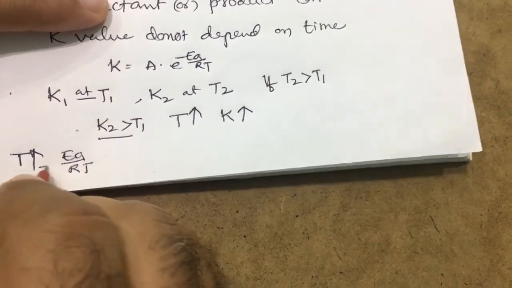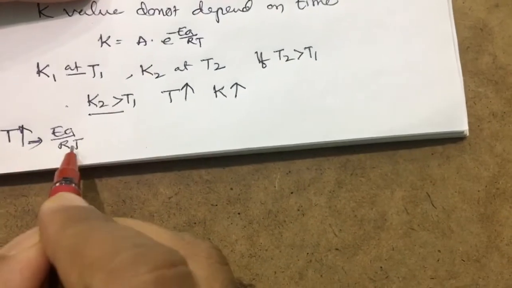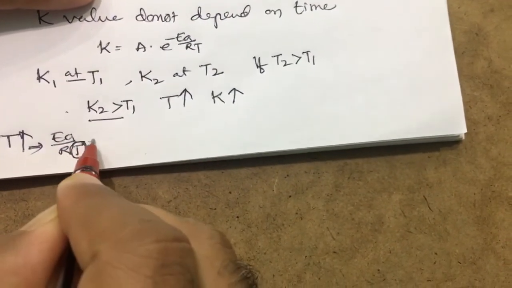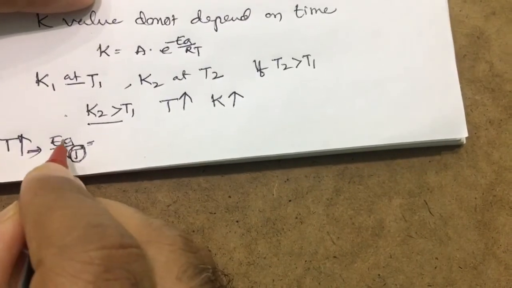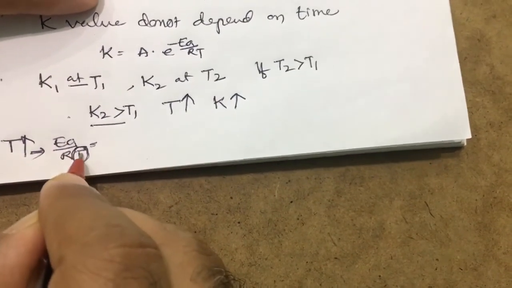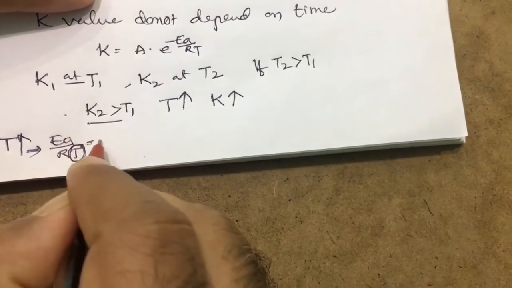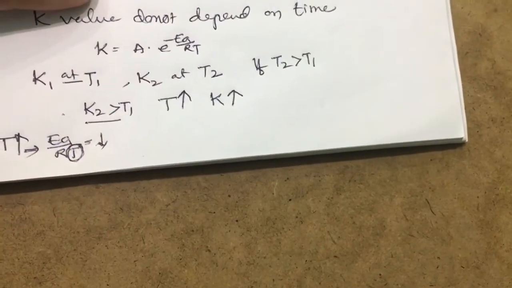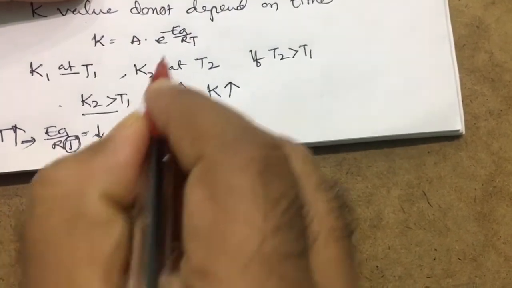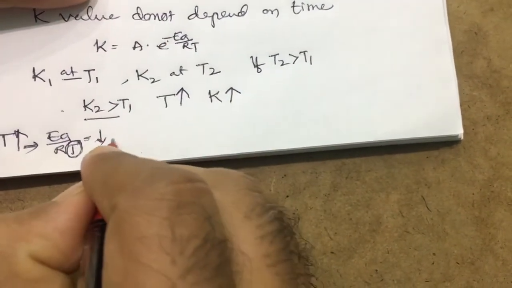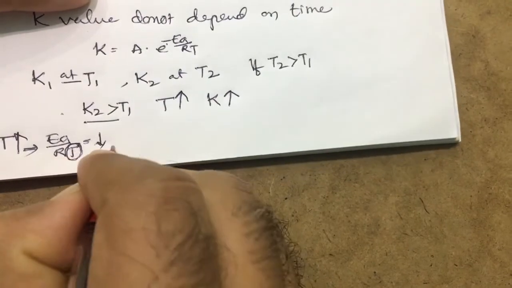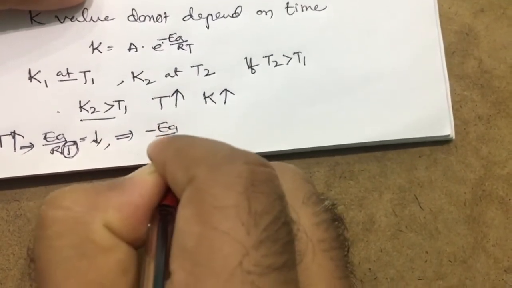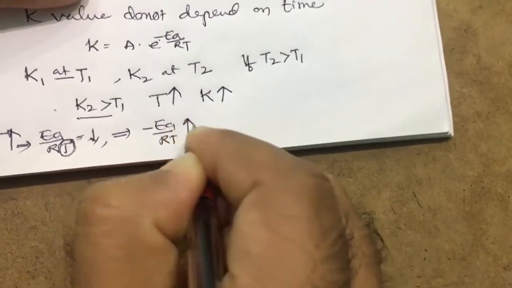If temperature increases, the denominator value increases, so the resulting value decreases. Then the minus symbol is there: if Ea by RT decreases, minus Ea by RT will increase.